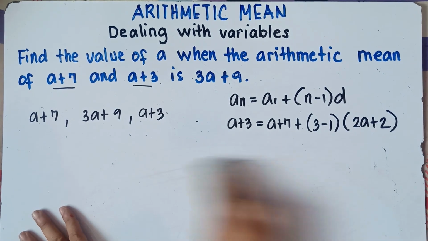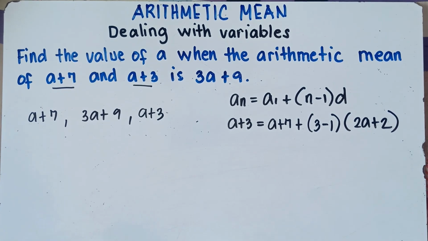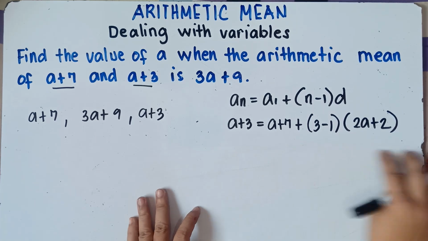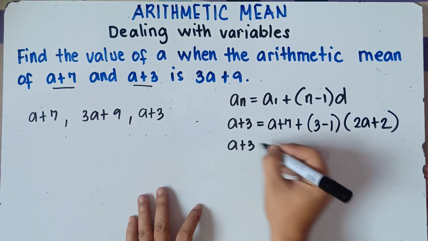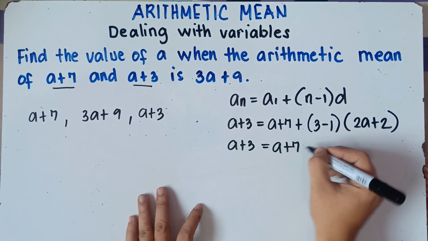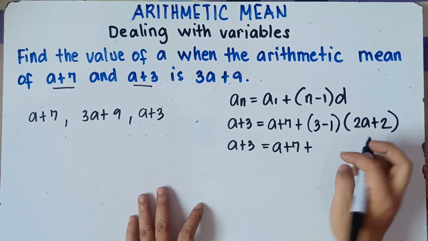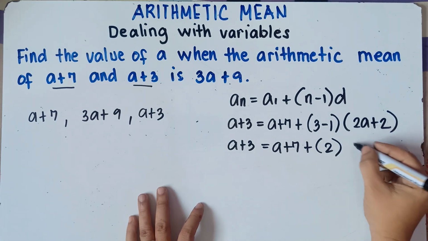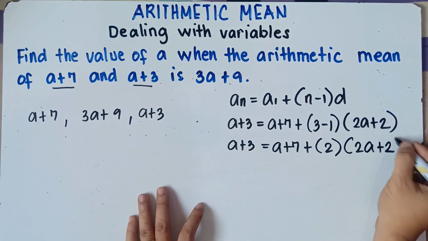Alright, so once you get the common difference, solve this equation. Copy A plus 3 equals A plus 7 plus 3 minus 1 is 2, then 2A plus 2.